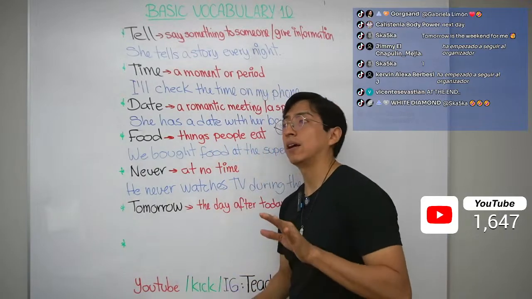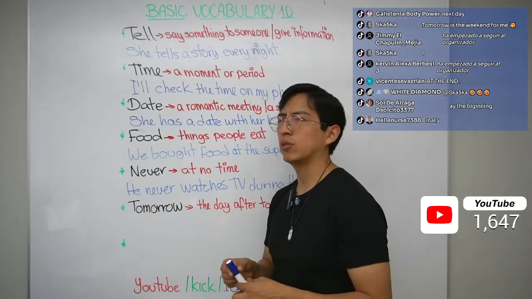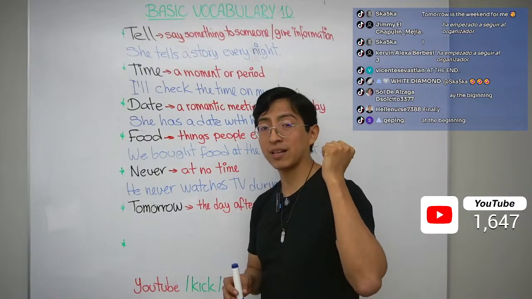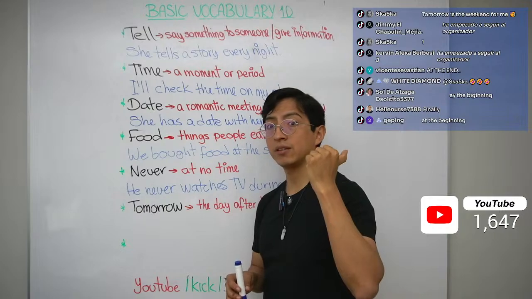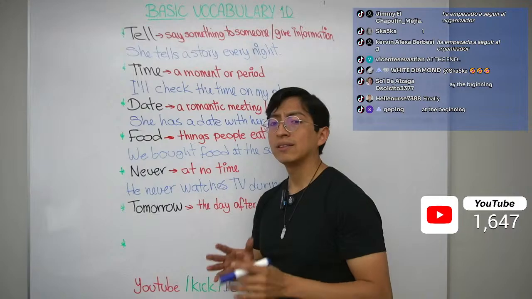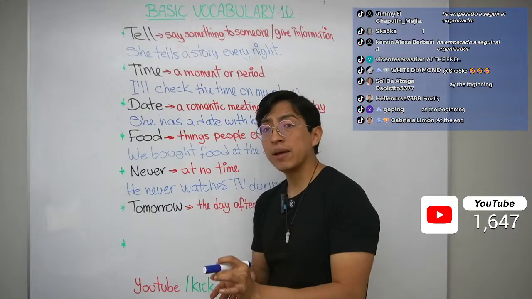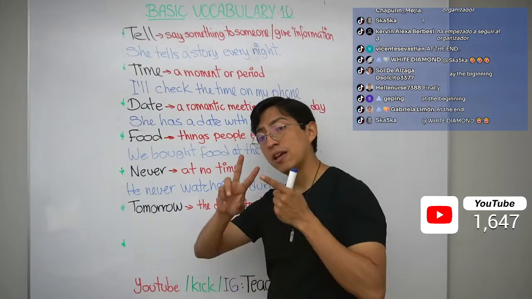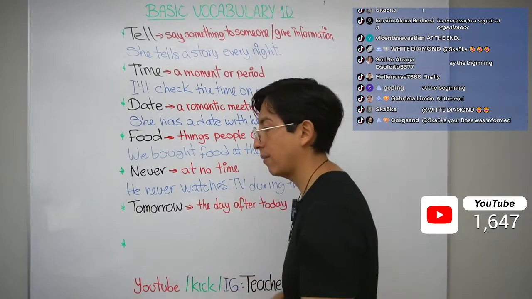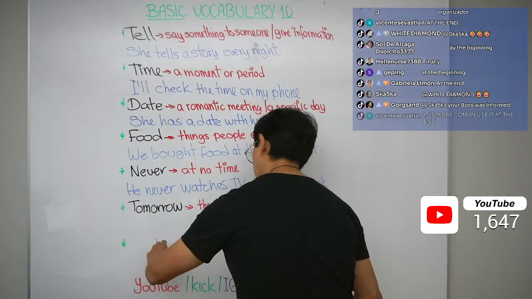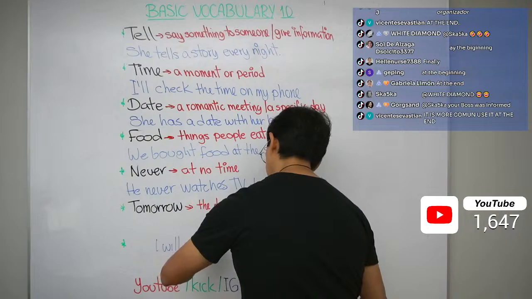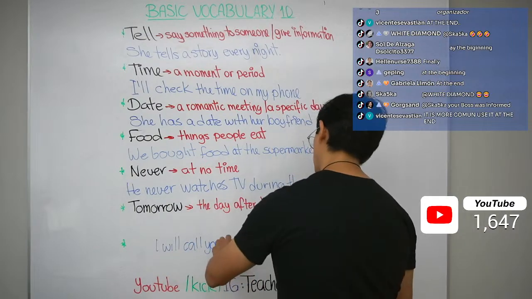As I always mention, we talked about this in the previous class. In the case of yesterday or in the case of last week, the most recommendable place is at the end. For example, we can say, I will call you tomorrow.